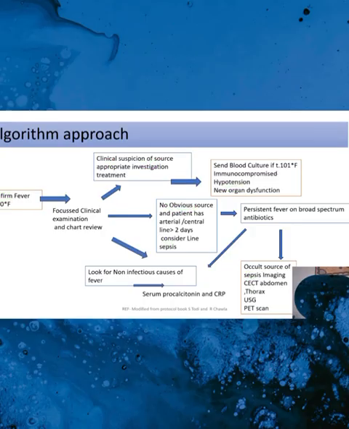If you suspect an occult source of sepsis, you go for CECT thorax, USG, and a PET scan will be handy in such a situation. And if there are risk factors, as I told, you suspect immunocompromise, you suspect fungal colonization, send fungal culture, and if fungemia, you should go for antifungal treatment. So most of this algorithm will help you with the bedside approach, but it should be clinically driven.